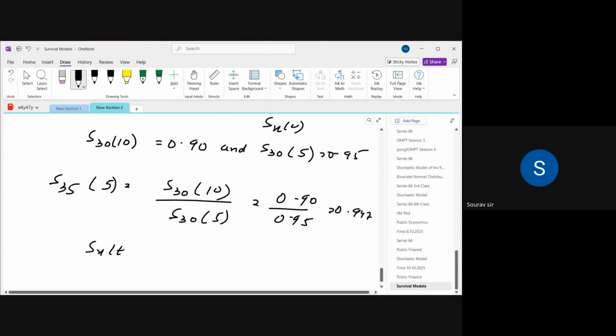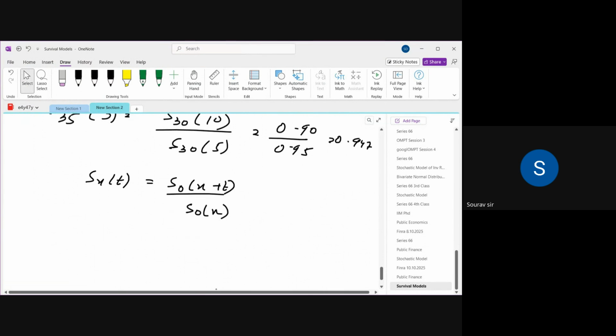This formula says S_0(x+t) divided by S_0(x). This formula expresses the survival probability for a person who is currently aged x, in terms of the general survival function.